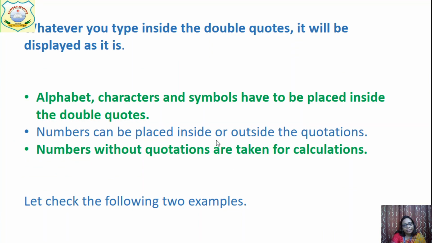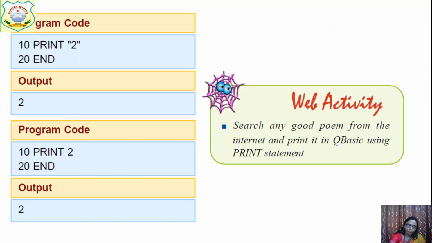Okay, अगर inside होगा तो it will be printed as it is, or without quotation it will calculate it. It will take it as a mathematical equation and it will calculate it. See here, so we will write 2 and output is 2. If we print 2, here it is 2, so it will print the same.